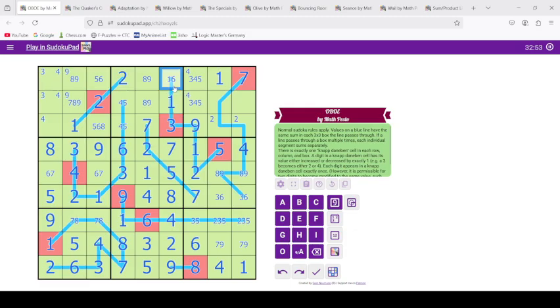That's a 1, that's a 1, that's a 6, it's a 5. 7 is one of those two cells. What else? This is not a 5. This is a 3, 4 pair.